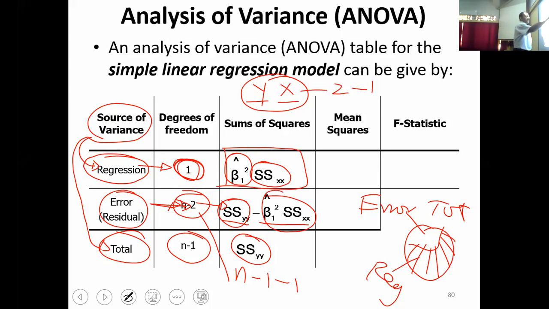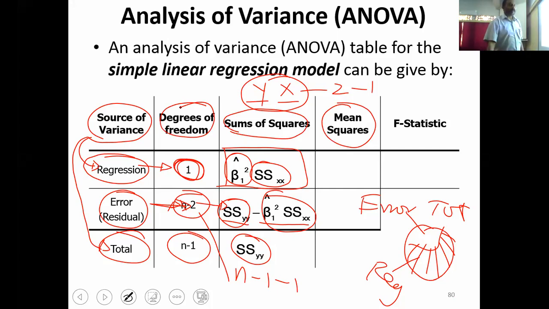Mean square is actually sums of square divided by degrees of freedom. So here for regression mean square, it is sums of square of regression divided by degrees of freedom, and it will have the same value because the degrees of freedom is only 1. So the same value.